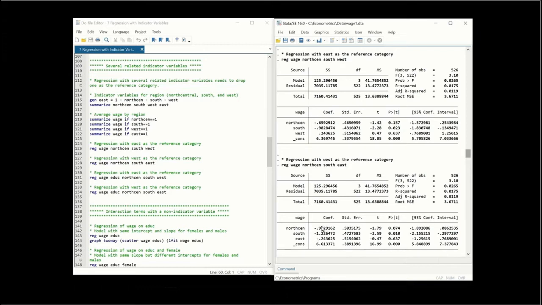And the others you can obtain by just doing a transformation. So for example, if South is 98 cents lower than the East, then the South is $1.23 lower than the West.